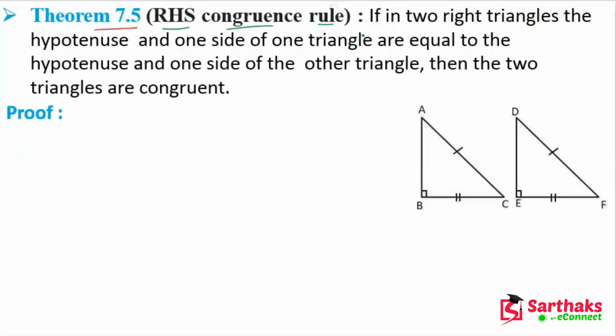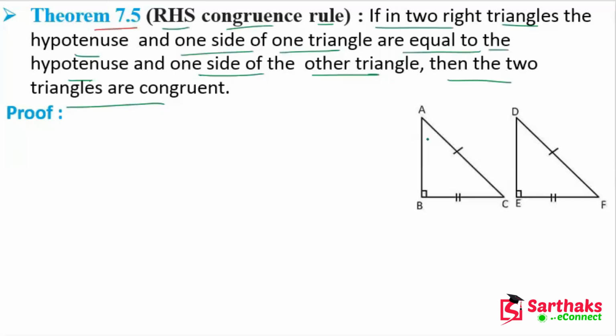Okay. So now this theorem states that if in two right triangles, we have two right triangles ABC and DEF, if the hypotenuse and one side of one triangle are equal to the hypotenuse and one side of the other triangle, then the two triangles are congruent.